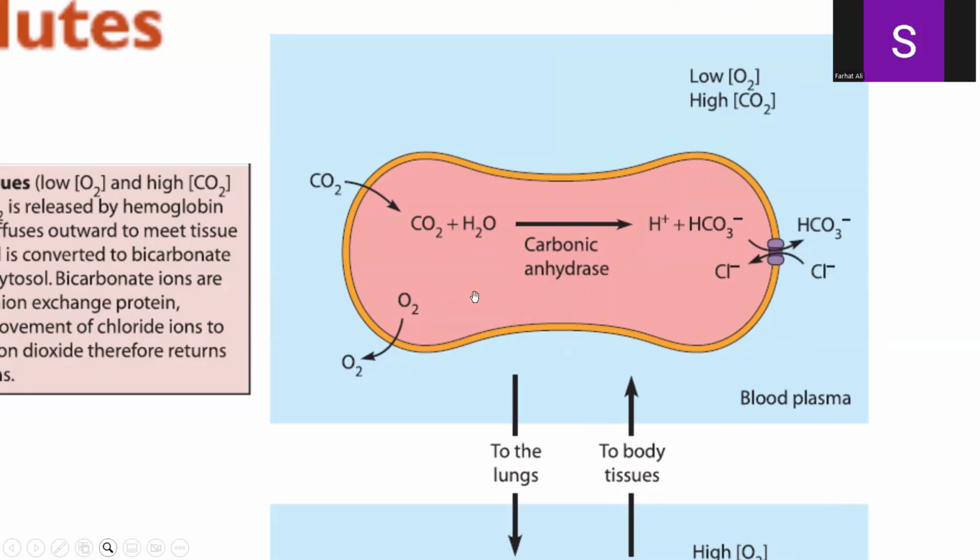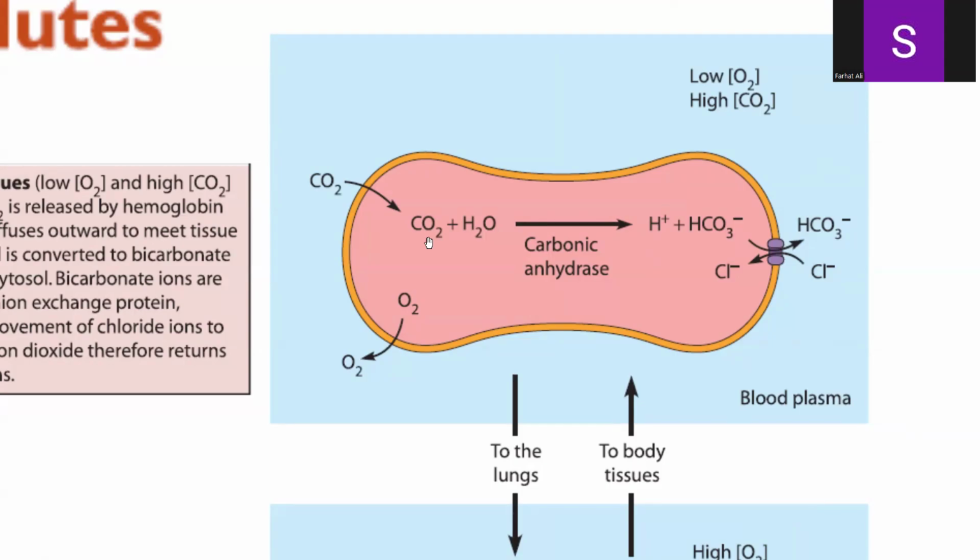These red blood cells are coming from the lungs, and they have a high concentration of oxygen in them, whereas the neighboring tissues have low oxygen concentration. So oxygen will diffuse out of the red blood cells, and carbon dioxide will be transported into the cell because the concentration of carbon dioxide is more in the neighboring tissue. Therefore, carbon dioxide will enter the red blood cell.